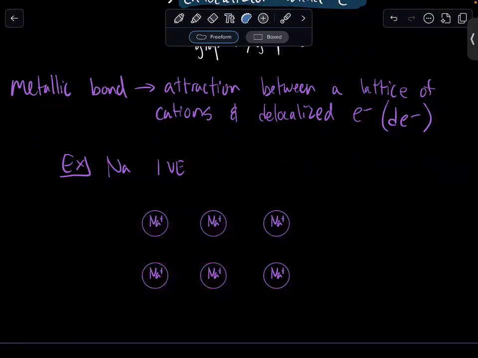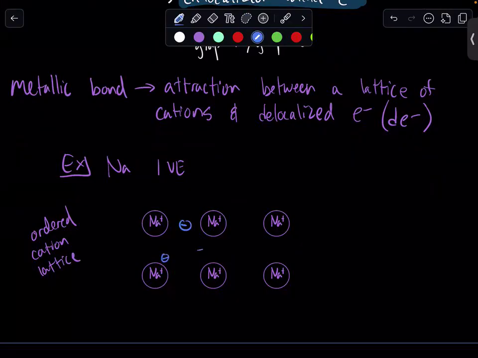So here's our ordered cation lattice. And for each one sodium, we have one delocalized electron just kind of floating around in the spaces between. And what happens is each cation is going to have these small electrostatic attractions to every nearby electron.